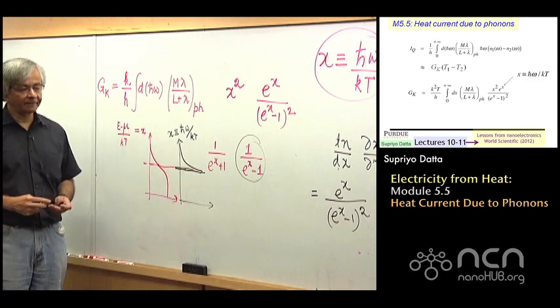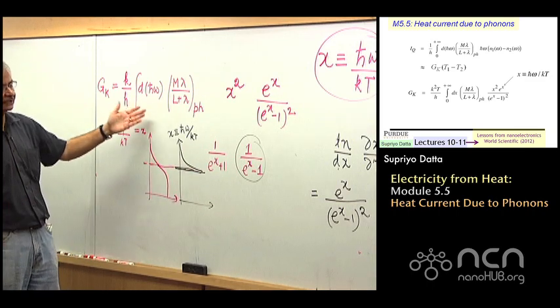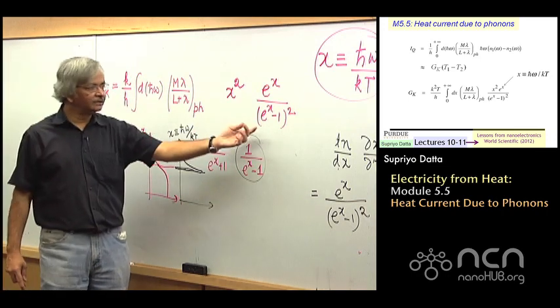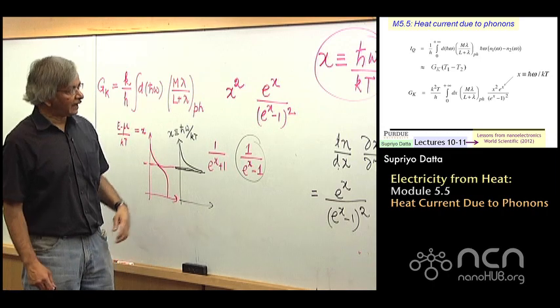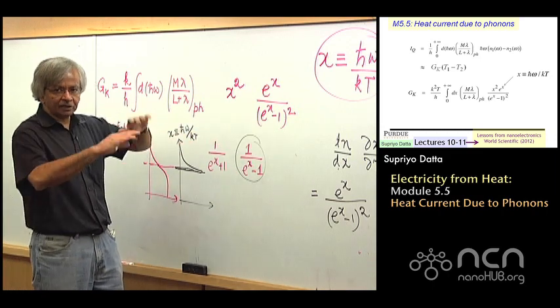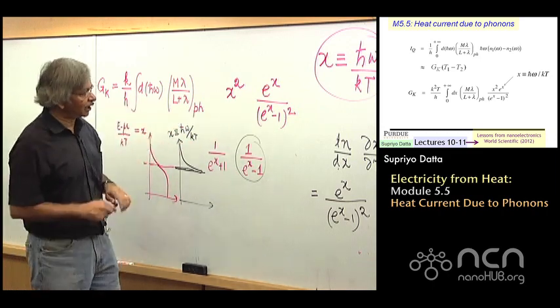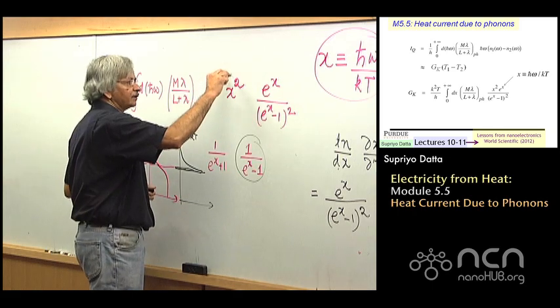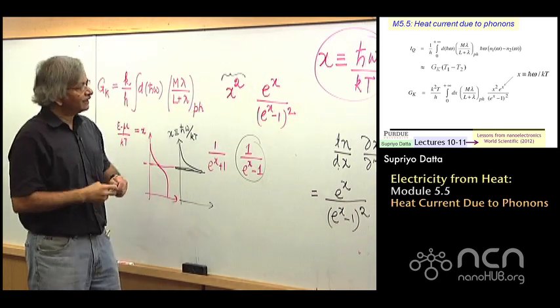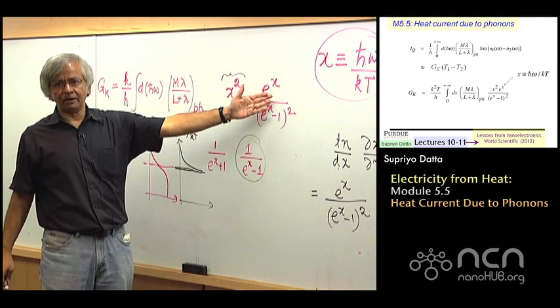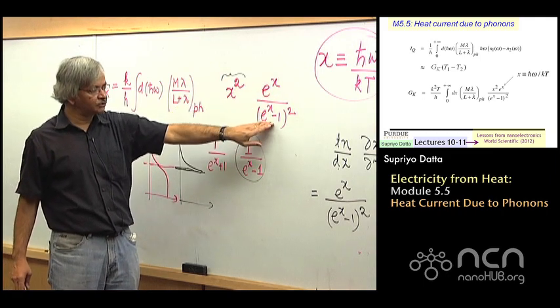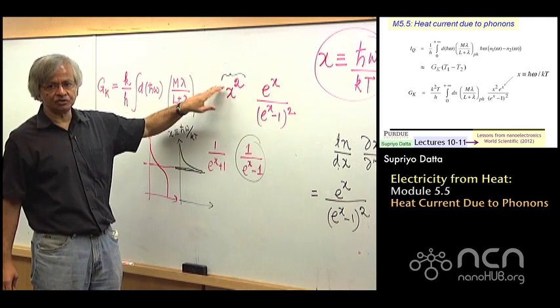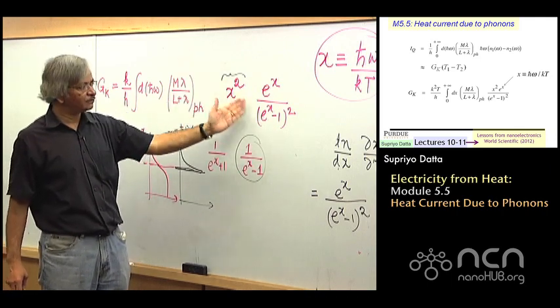So ordinarily, if you are trying to evaluate something like this, you'd worry about this quantity blowing up when you try to do the integral. But because of all the other factors that have come in, you'll now notice that there's also an x squared here. And so this overall function doesn't blow up. Because when you put x equals 0, this goes to 0, but that also goes to 0, and the ratio stays fixed.